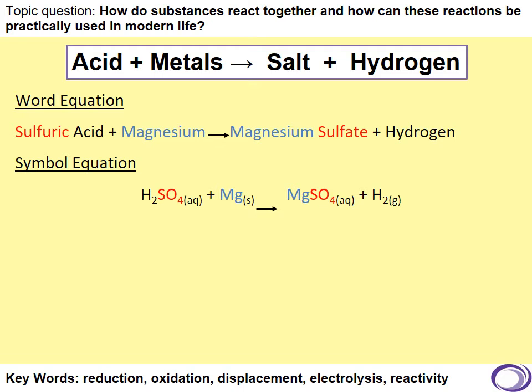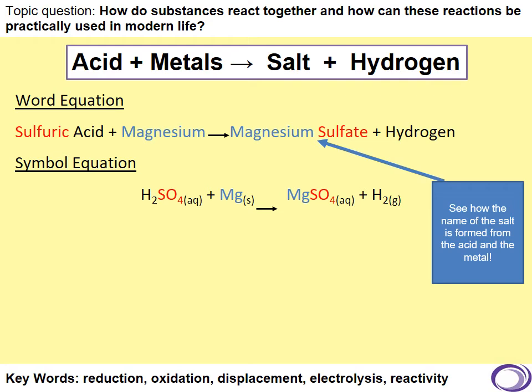We give an example here. So we've got sulfuric acid reacting with magnesium metal to produce magnesium sulfate, that's the salt, and hydrogen. And here is also shown the symbol equation. The name of the salt is formed from the acid and the metal.